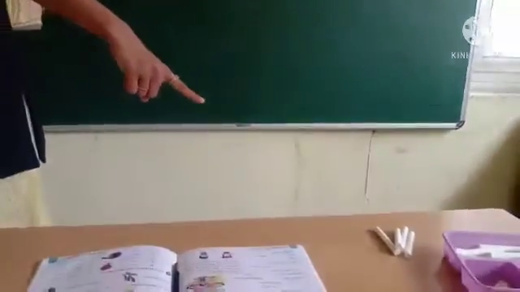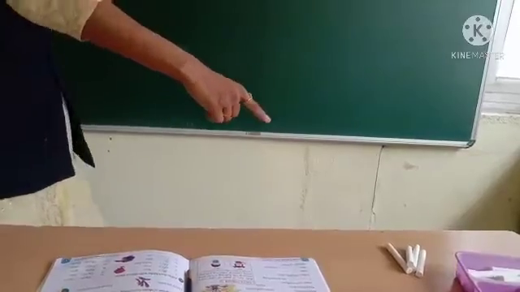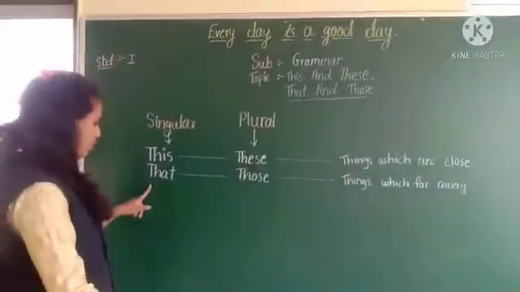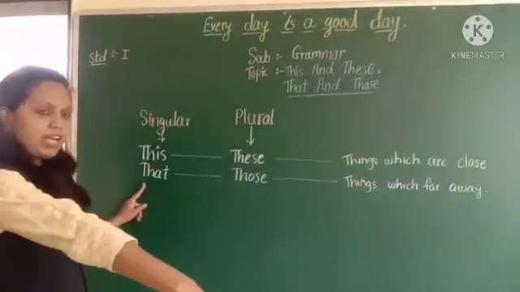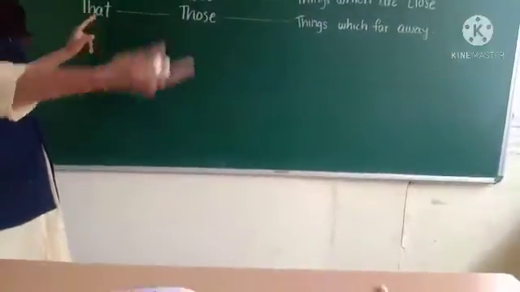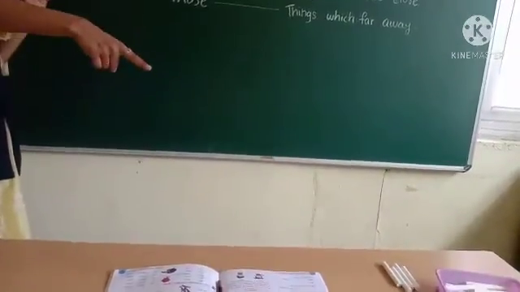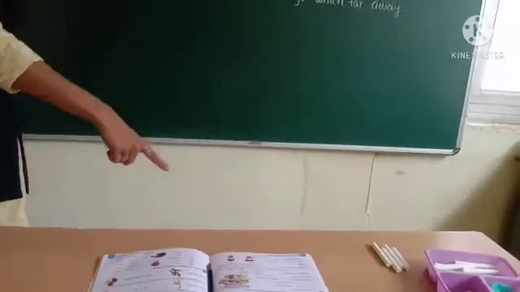Plural form, those. Those are chalks which are far away from me. Understood? Means अगर एक चौक है और वो मुझसे दूर है तो मैं क्या कहूँगी? That is chalk. एक से ज़्यादा है, प्लूरल फॉर्म में है और मैं दूर से उन्हें पॉइंट आउट कर रही हूँ तो क्या कहूँगी? Those are chalks.